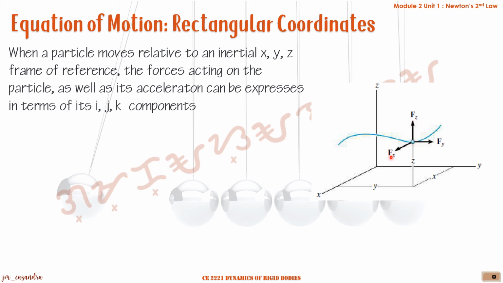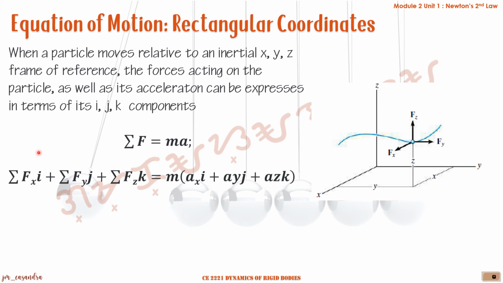So it can be defined by Fx, Fy, Fz, as well as its acceleration along X, Y, and Z. Okay, so this particle now will be defined by the acceleration and the force in terms of the ijk components or your unit vectors. So with this, our equation of motion, summation of F is equal to ma, can be written as the components of the forces along X, Y, Z equal to the mass times the sum of the components of the accelerations along ijk or XYZ direction.